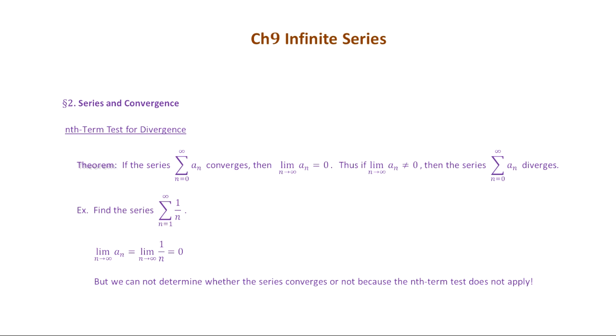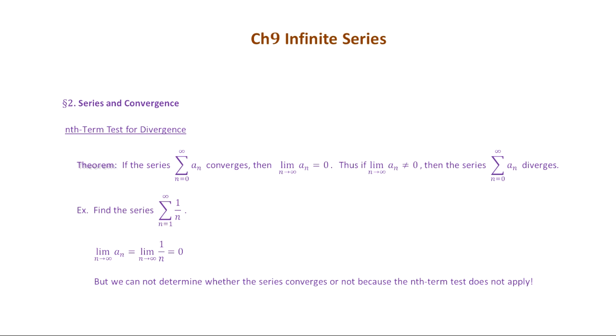So again, we got 0 as the limit for the terms in the series, but it does not guarantee the series of 1 over n converges, because the theorem does not apply.